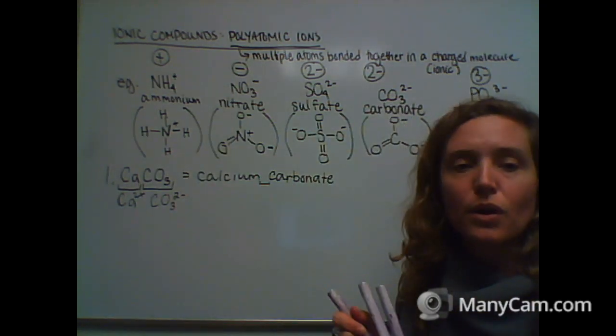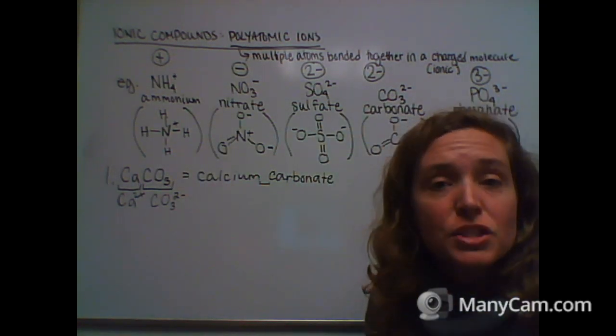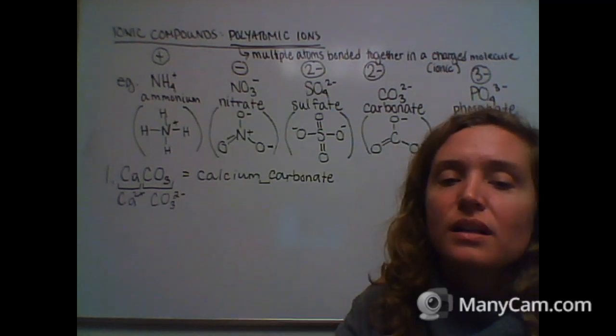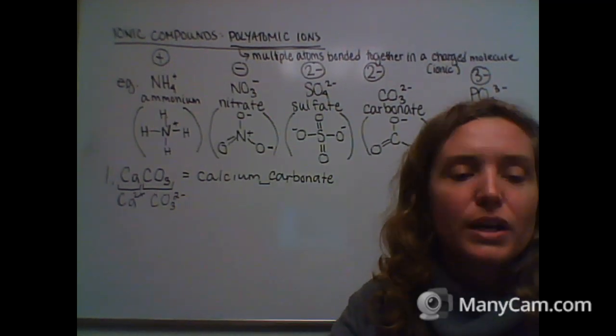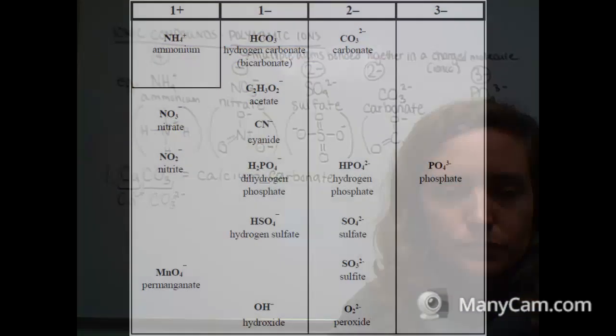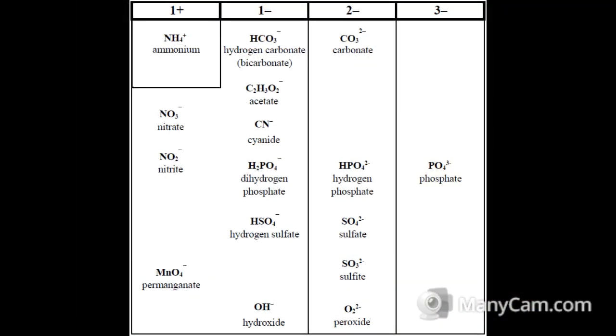Okay, so let me show you the image that lists out the common polyatomic ions. Okay, so starting at the top left, the only positive one, the 1+ ion that we'll really be seeing is ammonium, and we've written that up on the board already. Going across to the right, we see carbonate is listed in the group where the charges are 2-, right?